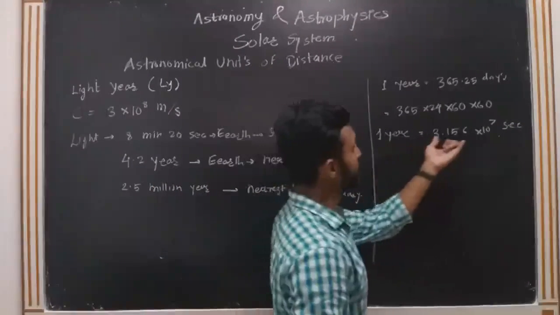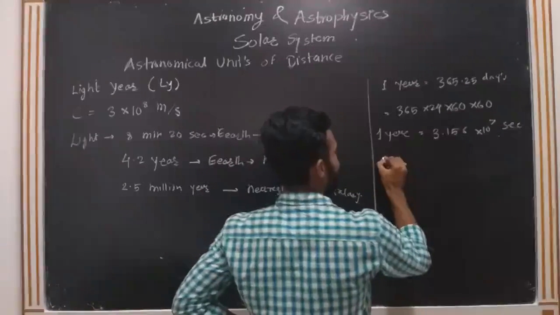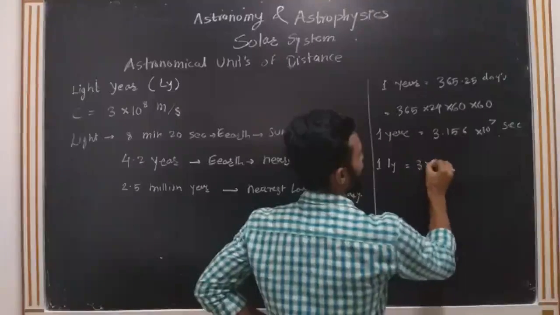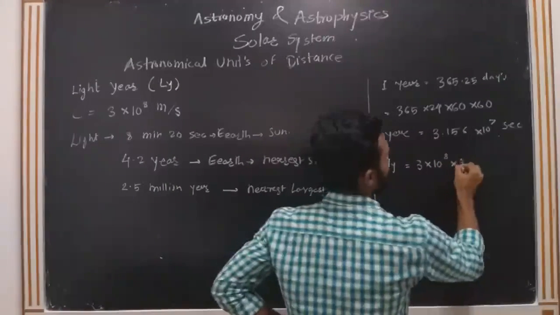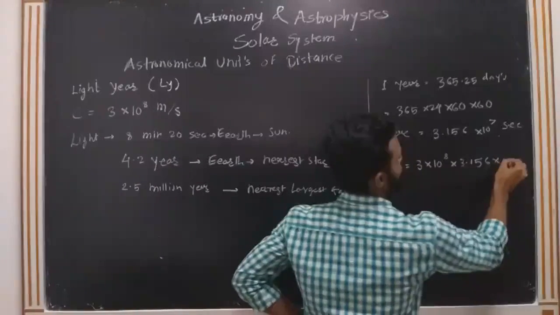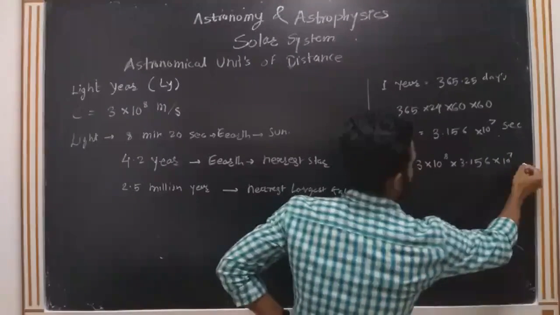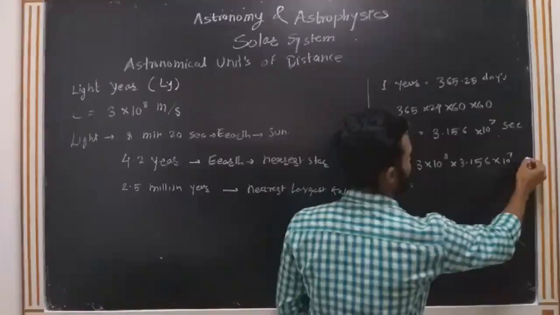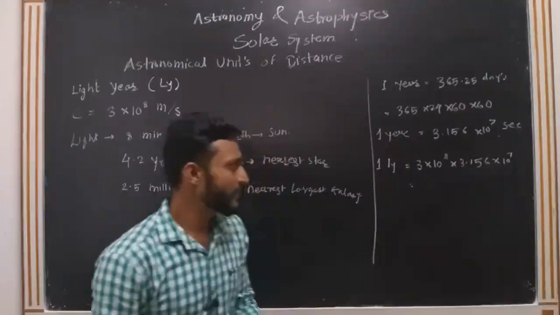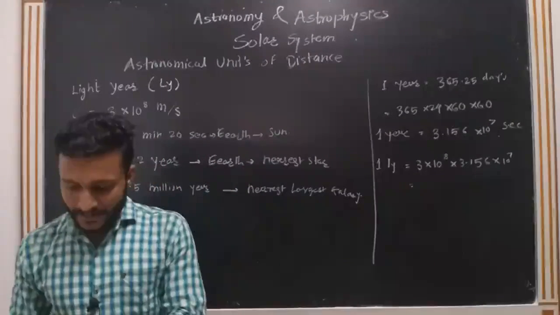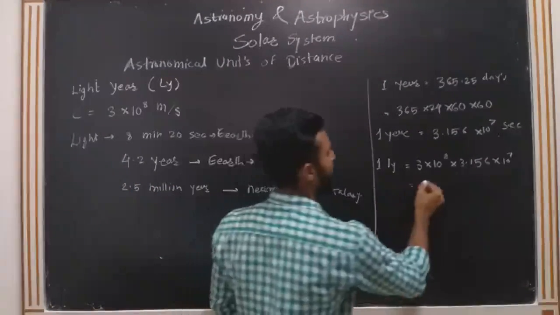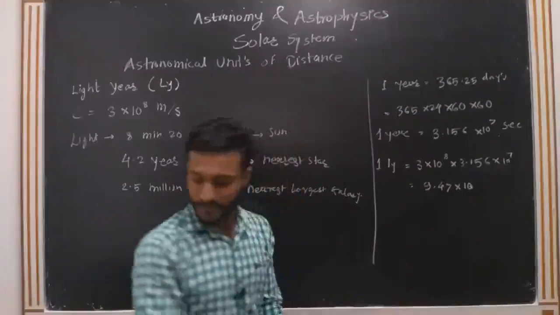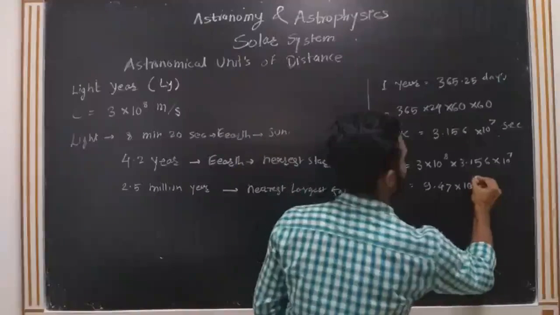So light travels in 1 year, 1 light year is equal to 3 into 10 raised to 8 into 3.156 into 10 raised to 7. The unit is meter per second times second, so second gets cancelled, only meter is the unit, and it is around 9.47 into 10 raised to 15 meter.